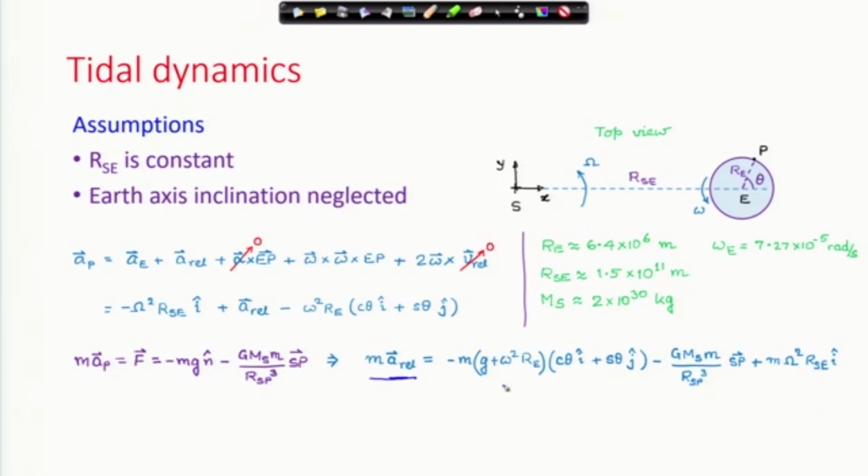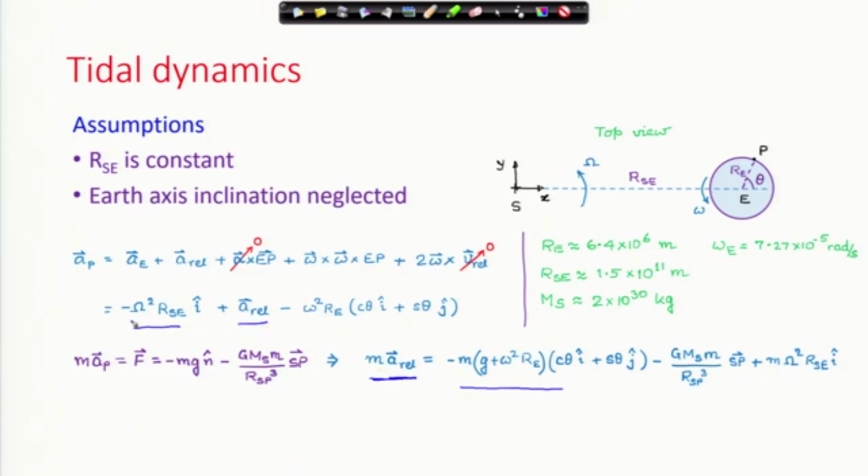This term, all these terms come after you have plugged in these expressions. Therefore, this mg n cap, you have n cap, and you have terms from here, because I have written mass times ARL.